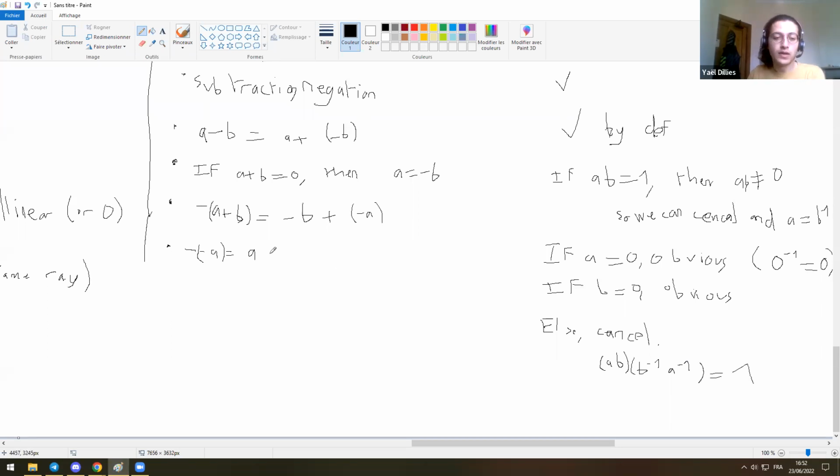Is equal to 1, and this gives us the result. And the final point: if A is equal to 0, then 0 to the minus 1 to the minus 1 is equal to 0 to the minus 1, which is 0 again. Else you cancel, and it works again.